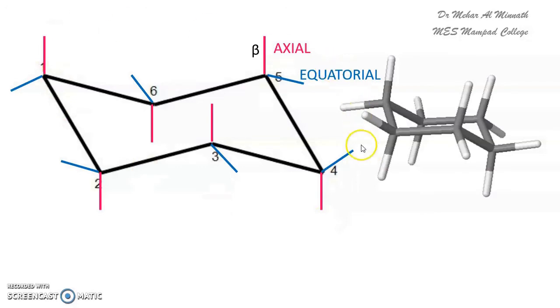Now these bonds are called beta bonds. That's the nomenclature given to it. This concept must also be clear.